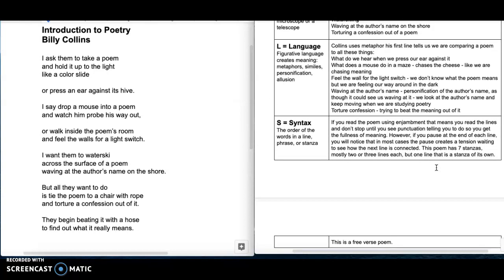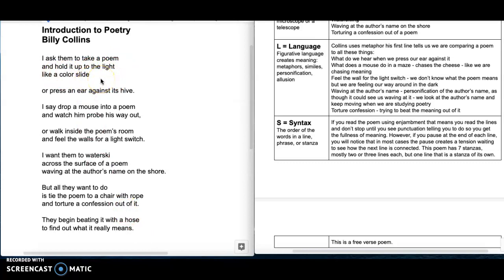Then we look at language. Language is that figurative language, the metaphor. So I've already mentioned that the entire poem is a metaphor. We're comparing what it's like for students studying a poem to experiencing the poem. So he tells them to take the poem and hold it up to the light like a color slide. What does he want us to do?